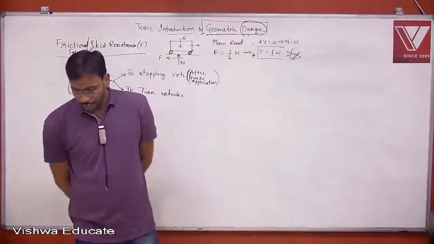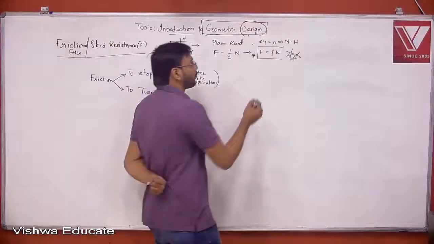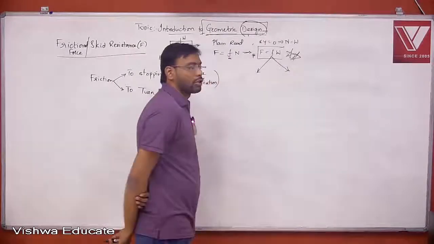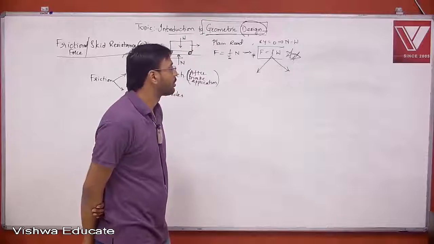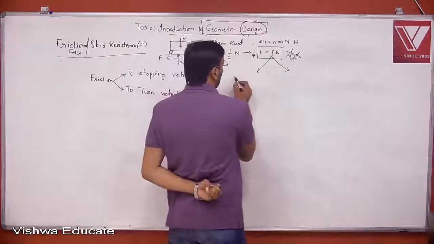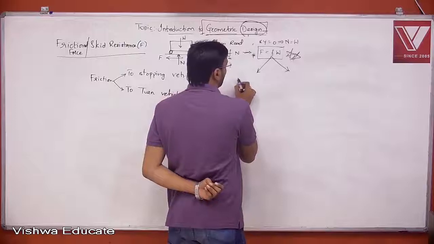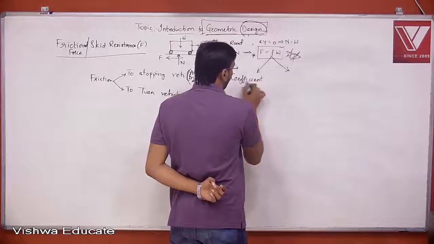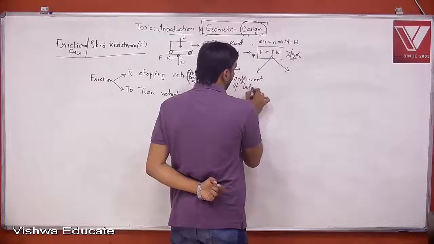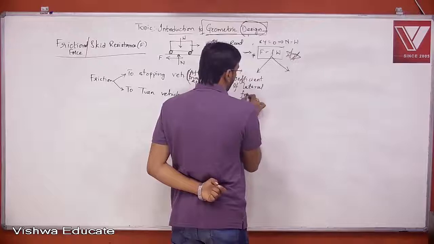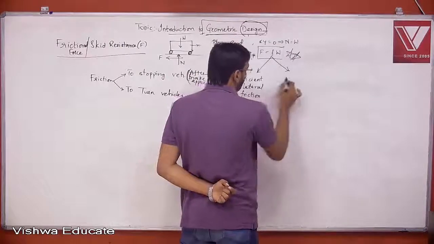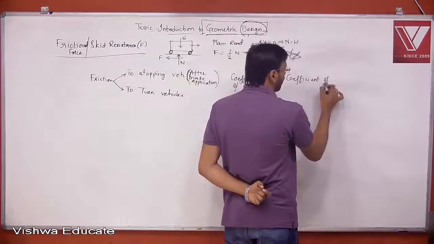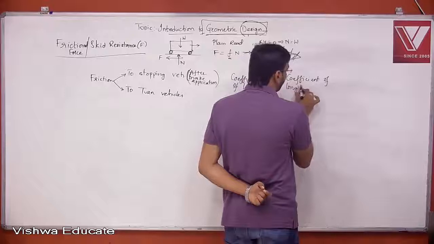Now, this coefficient of friction is of two types. That is, coefficient of lateral friction and coefficient of longitudinal friction.